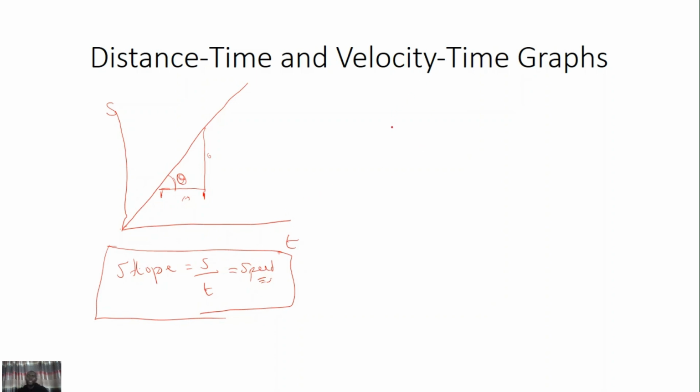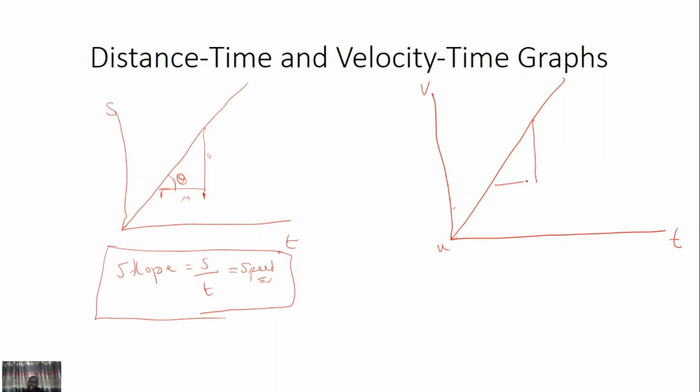Okay, now the velocity time graph. Velocity time graph is usually used when you want to know the acceleration of a body. Let's say a body starts with a velocity of u here. It can be here, it can be anywhere here. So when you have a straight line like this in a velocity time graph, if you are asked to calculate the acceleration of the body, all you need to get is the slope.